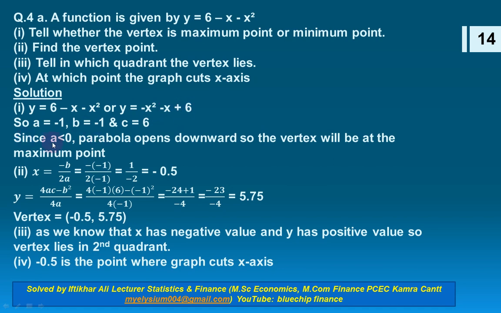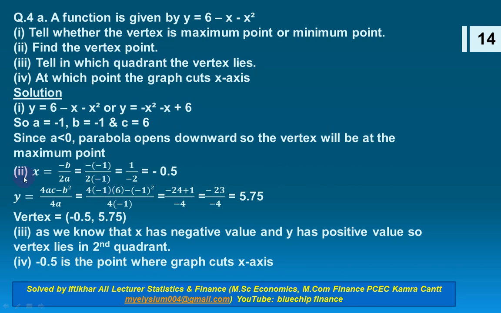Since A is less than 0, the parabola opens downward, so the vertex will be at the maximum point. And number 2 is to find the vertex point.